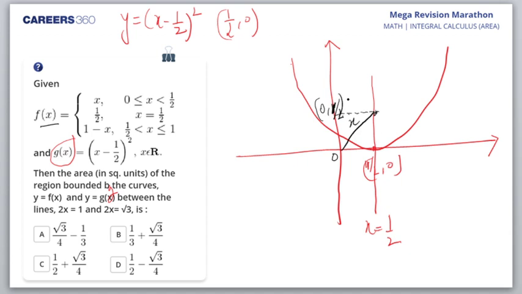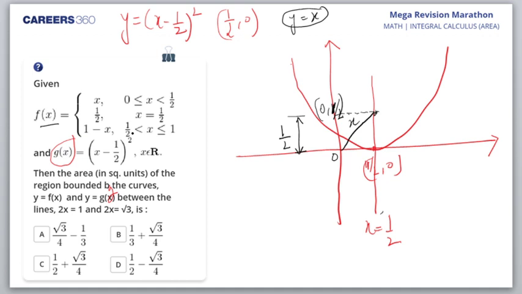Am I right? At half, it is half because y equal to x is the line. So whatever is x, the same is y. Okay. Till half it goes.